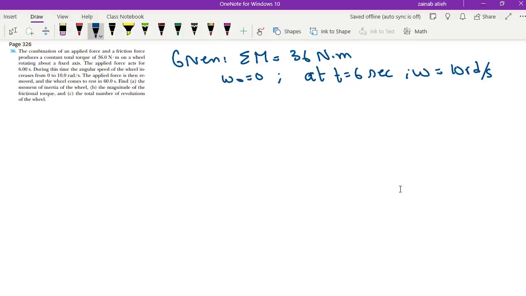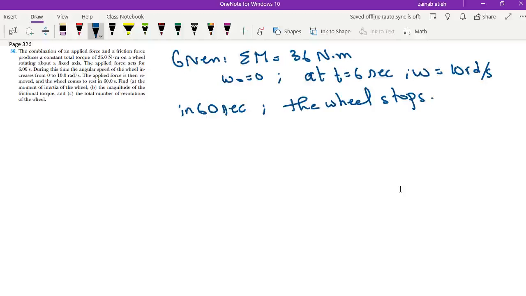Of course it will cause a uniformly decelerated rotational motion and the wheel will stop after 60 seconds. This is the second motion, the wheel stops.